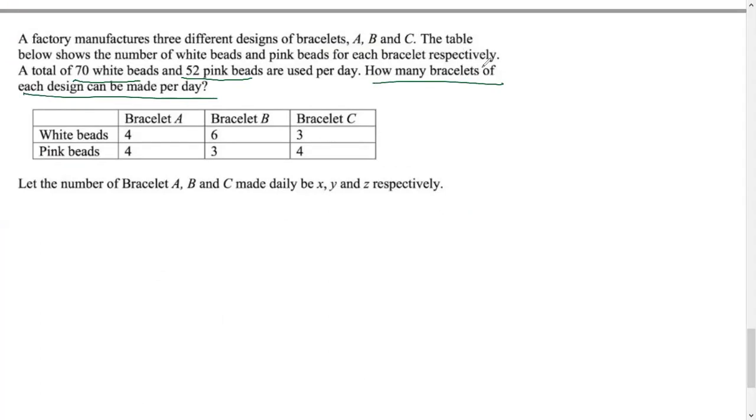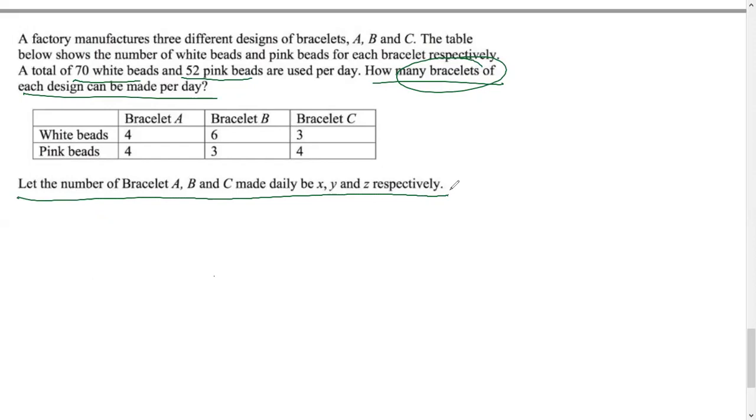Again, straight away, we will let the unknowns be the bracelets of each design. Actually we don't need to, because it's already written here: let the number of bracelets A, B, C be X, Y, Z respectively. So we are going to form the equations.